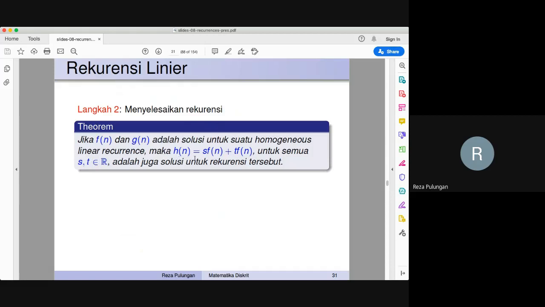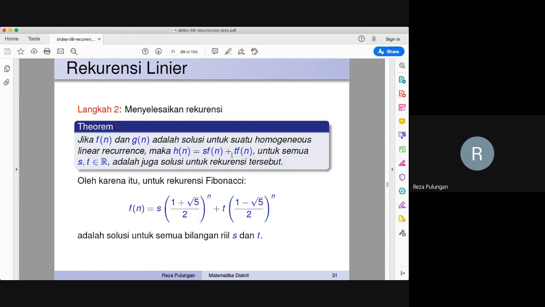So that means that if Fn is a solution and Gn is a solution, then all of their linear combinations, which you've already known from previous meetings, I think, will also be a solution.